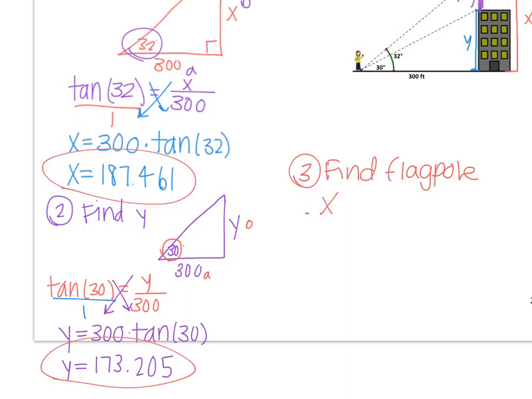So that, again, was x minus y, or in other words, the big one minus the small one. So 187.461 minus the smaller value, 173.205. Go ahead and type that in.